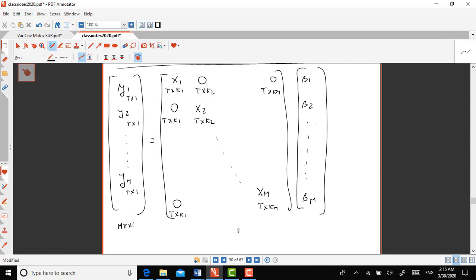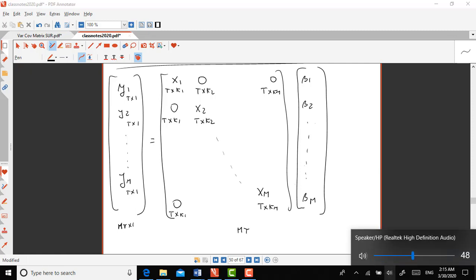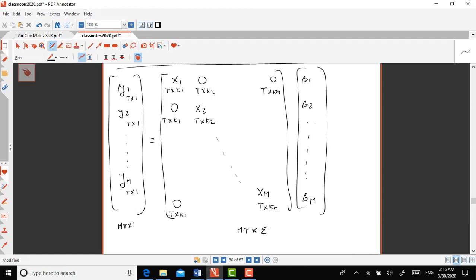It's going to be mT times the sum of all the ki's, because remember we're assuming the betas can have different dimensions. And we also have the error, the matrix of those errors stacked.